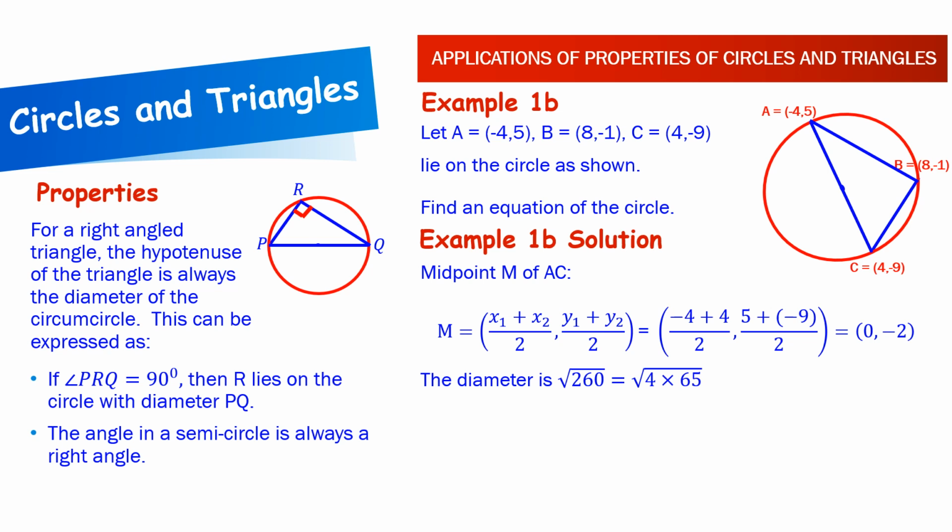So let's tidy up root 260 a little bit more to give 2 root 65. So the radius is root 65.